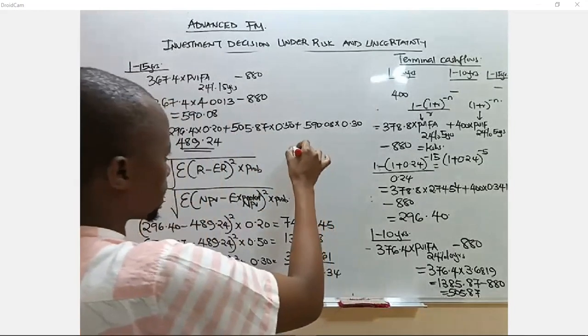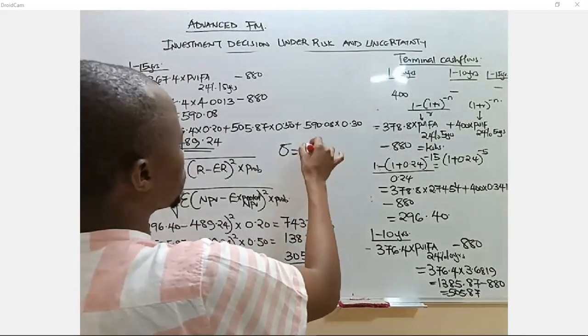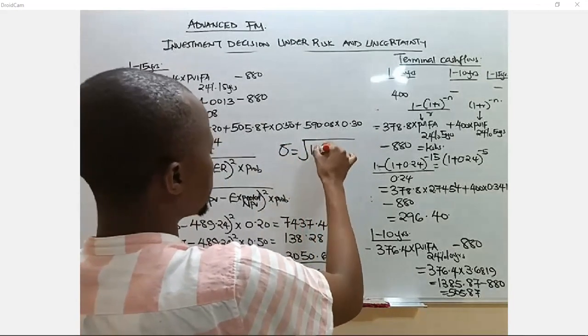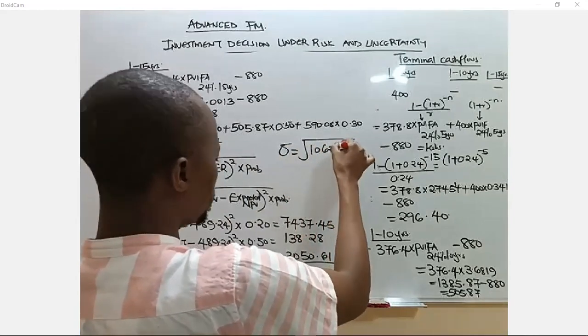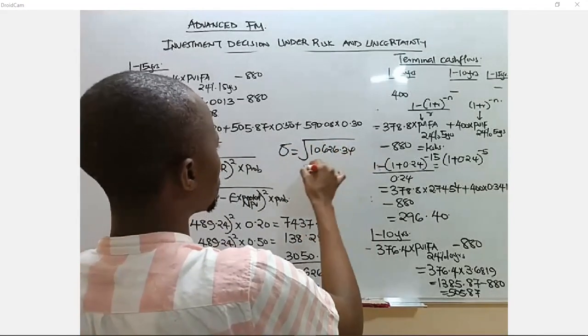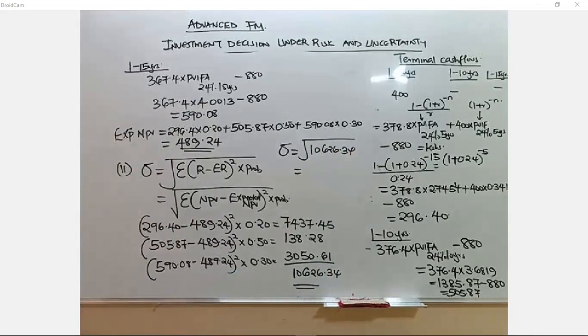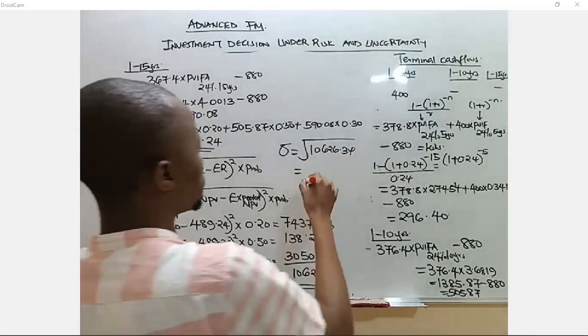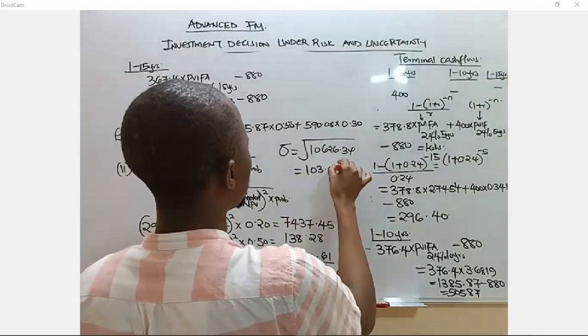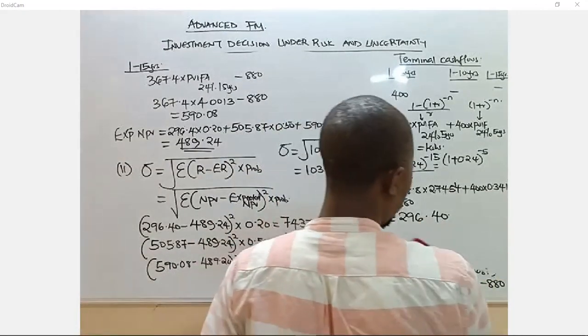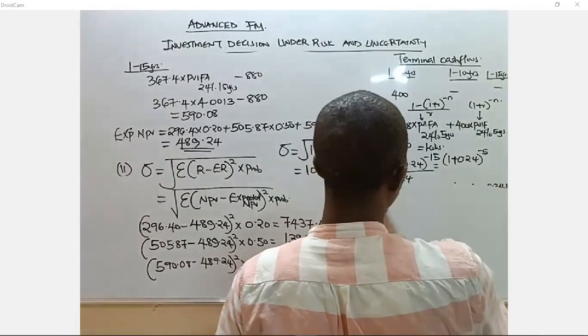So to get my standard deviation, I just need to take the root of my summation, which is 10,626.34. So how much is this? I just take the root of my answer now, and I'm getting 103.08. That one we have finished.